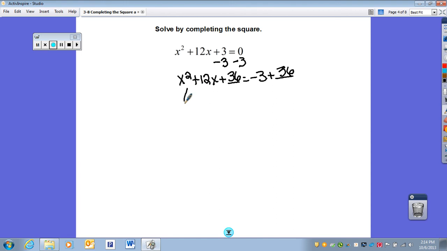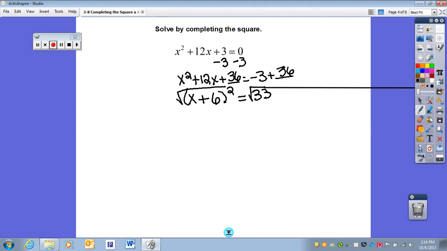Then we're going to factor to find our square binomial. The square root of x squared is x, and the square root of 36 is 6, and the sign of the middle term is positive, and we will combine like terms on the right side. We continue solving by taking the square root of both sides, remembering that a square and a square root cancel each other.